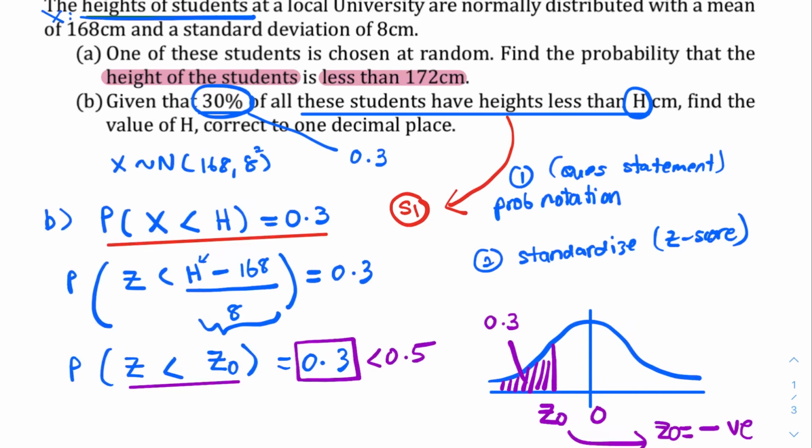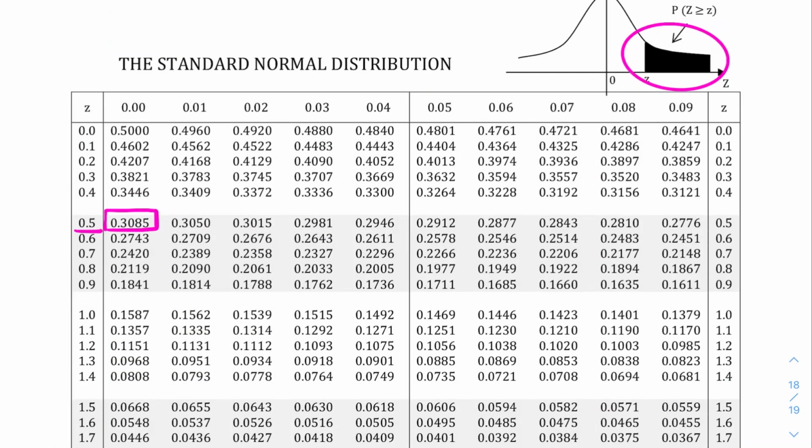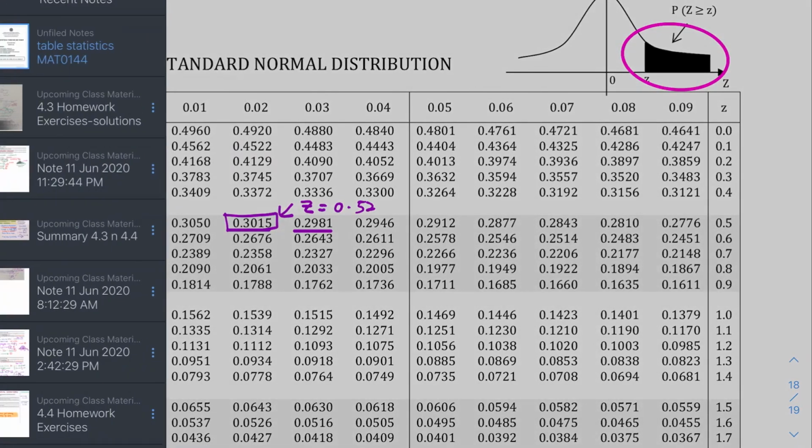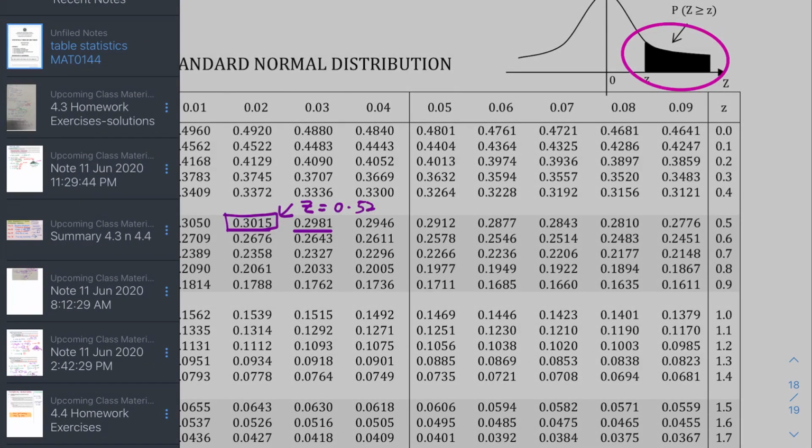To find from the table, you look at the closest to 0.3. The closest to 0.3 you're going to get is either here or here. So find the difference. If you find the difference, you will have the closest to 0.3015, where your Z value here is 0.52. Put in your answer.